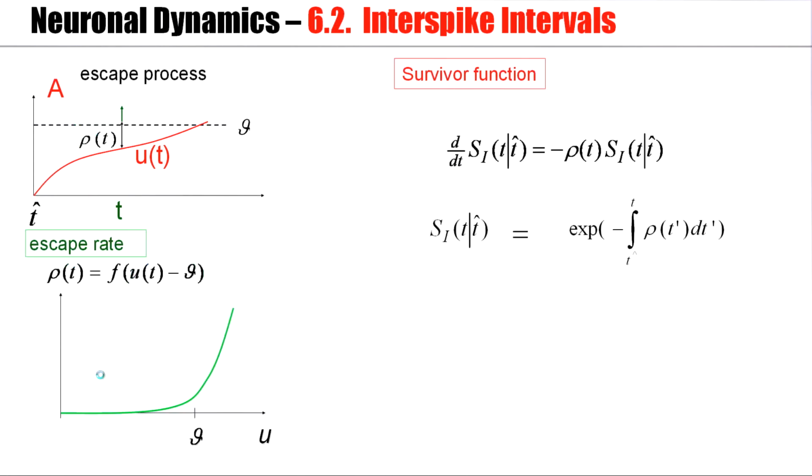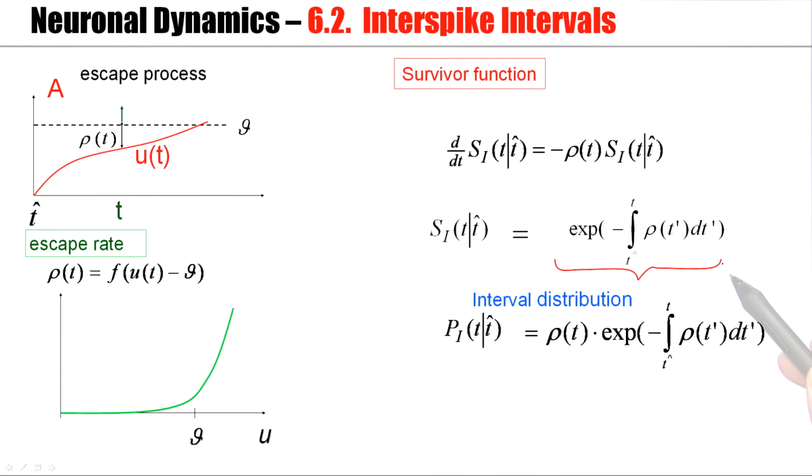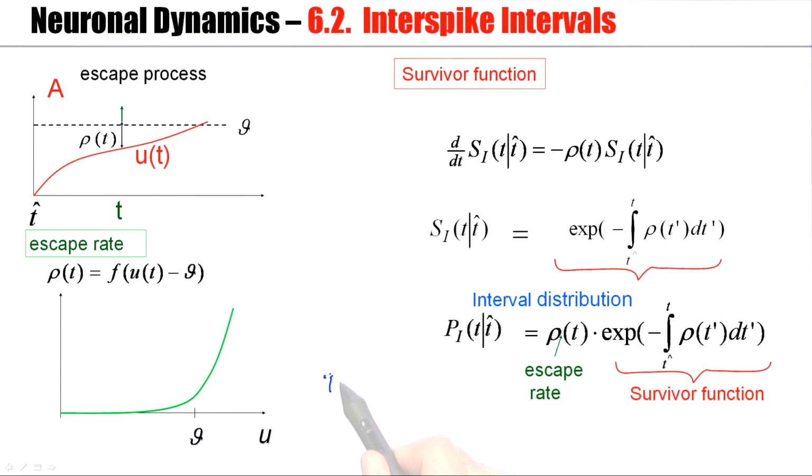So let's write this up again. My survival function can be calculated by this differential equation, which I can integrate. In order to get to the interval distribution, I take the survivor function part and then I multiply with the momentary escape rate. Now there is something interesting, and that's this interval distribution, P of t given t hat.